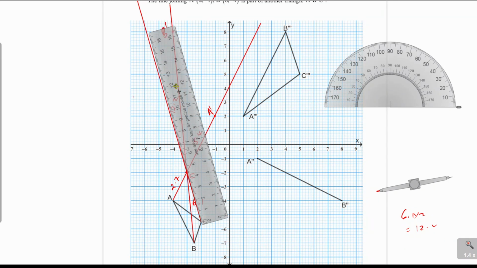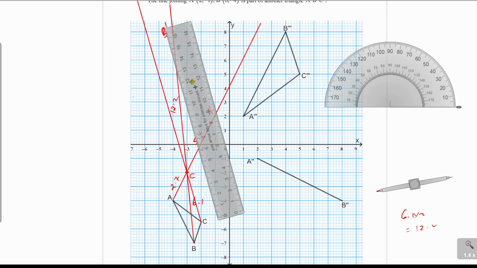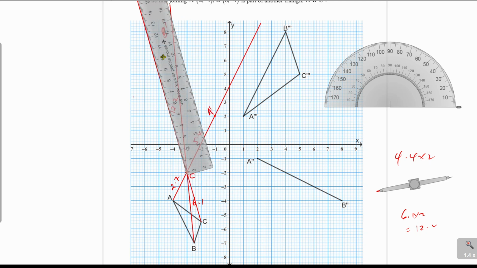So let me take that distance from C to the center of enlargement. You can see this is around 4.4. So 4.4, double that distance. In my case, 4.4, multiply by 2, that will be 8.8. So from C, I have to measure 8.8.